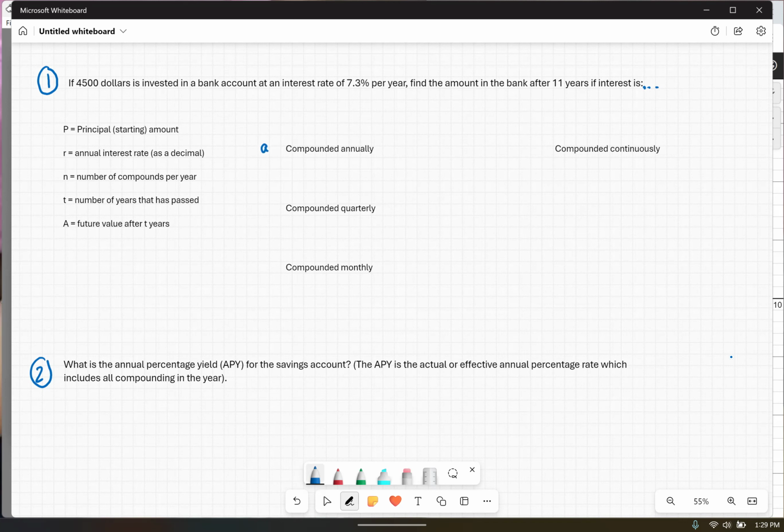Let's say part A, compounded annually, part B, compounded quarterly, and part C, compounded monthly. And then in part D, I have it over here on the right, compounded continuously. The reason I have it over there on the right is because we need a different formula for continuously compounded interest.